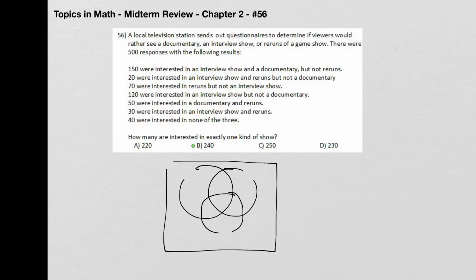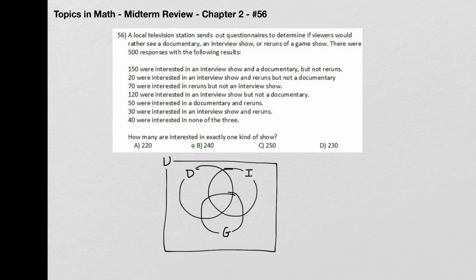All right, so let's see. We are supposed to determine if viewers would rather see a documentary, an interview show, or reruns of a game show. So I will just use whatever letters make sense for the problem. So documentary, interview, or game show. And then, of course, the whole thing is the universal set. All right.